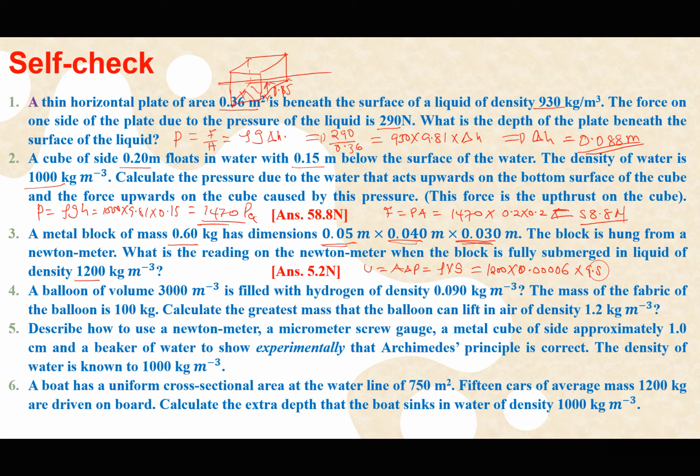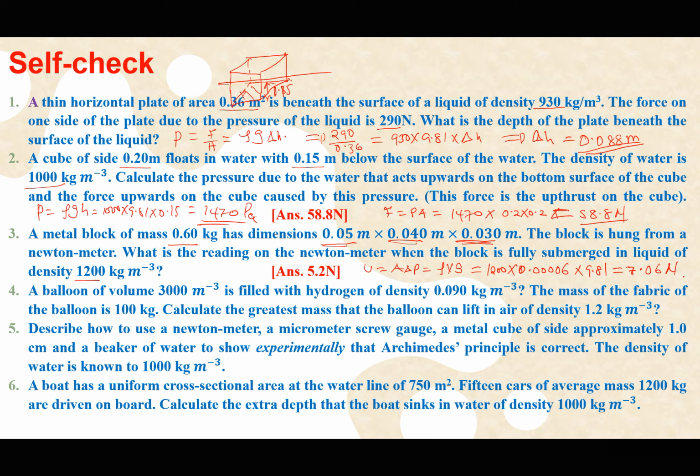Then times 9.81, times 1200. So the upthrust is actually 7.06 newtons. That is the upthrust.